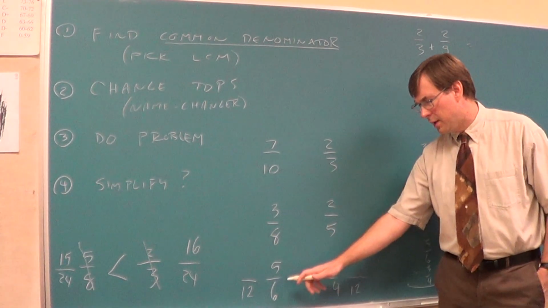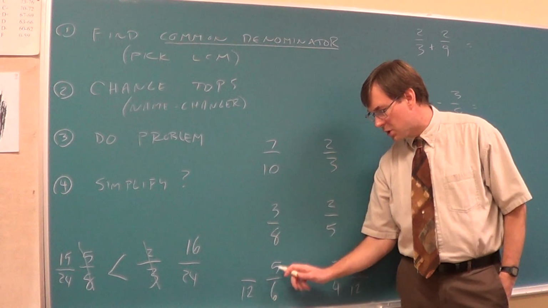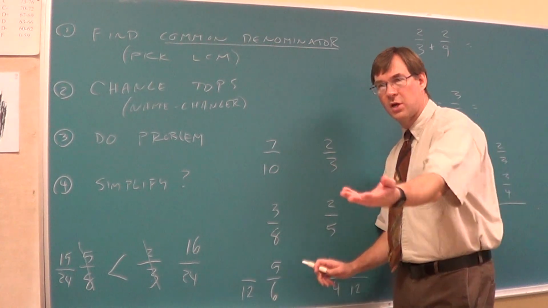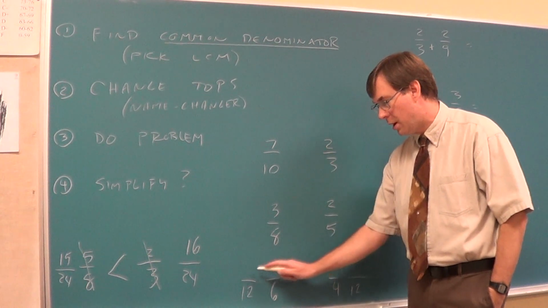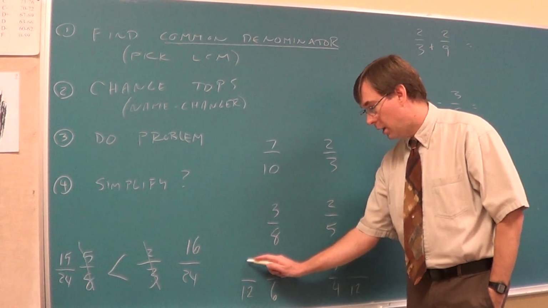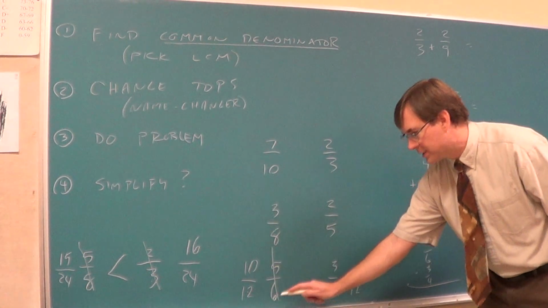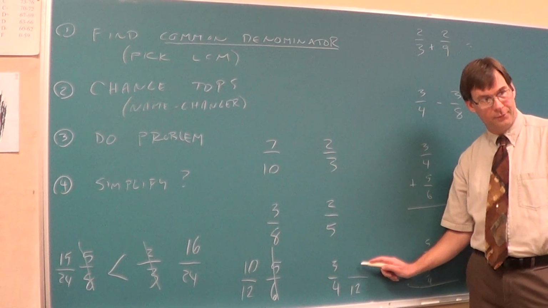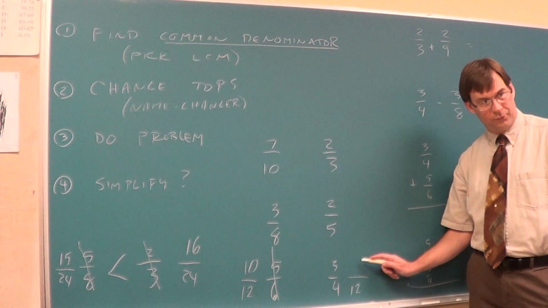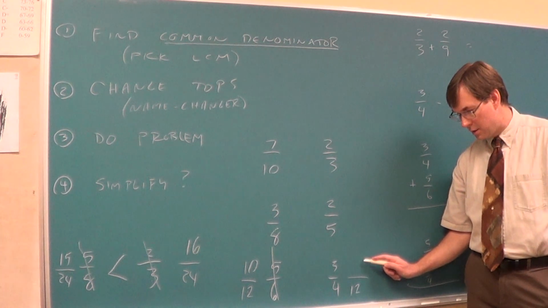So let's finish this one. We changed the bottom, so if we change the top, let's go ahead and pick on you. We'll get a different person each time. What do you think about this top? 2 times 10. So that's going to be a 10. So that's out, 10's in. Pick on you. What do you think for this top? 6. Try again.